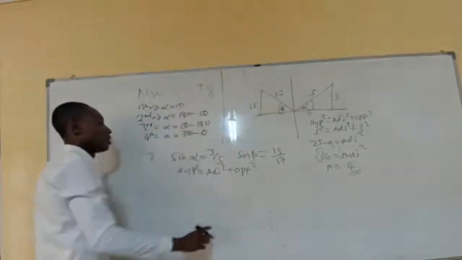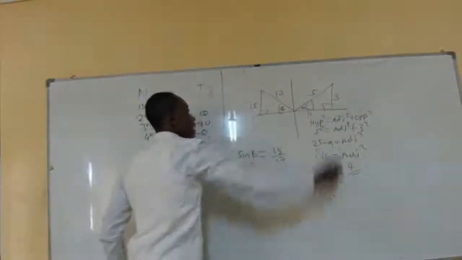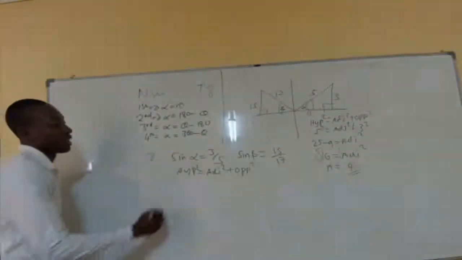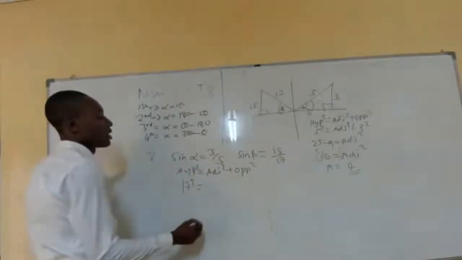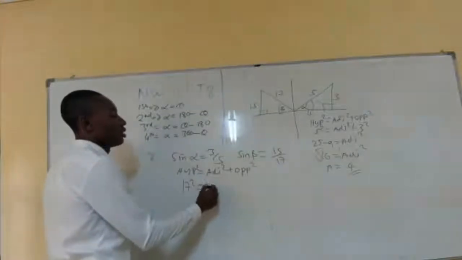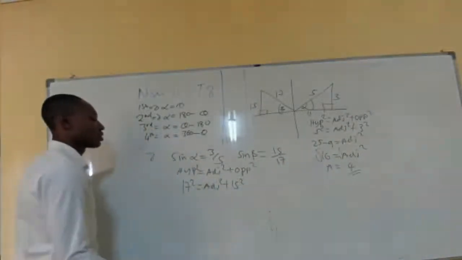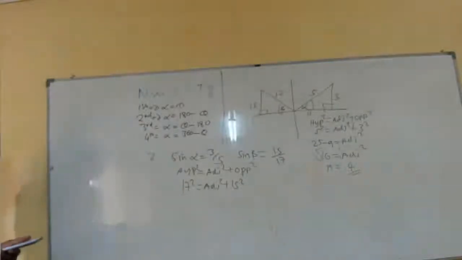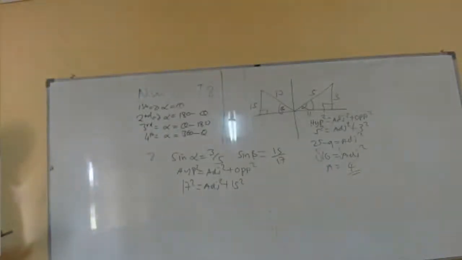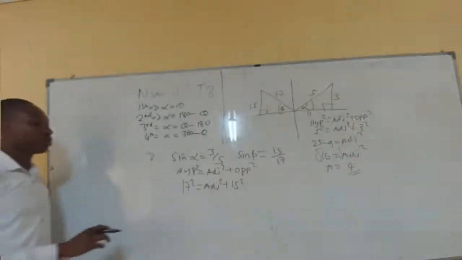The hypotenuse is 17, so 17 squared equals adjacent squared, which is what we're looking for, plus opposite, which is 15 squared. So we have 17 times 17, which is 289.